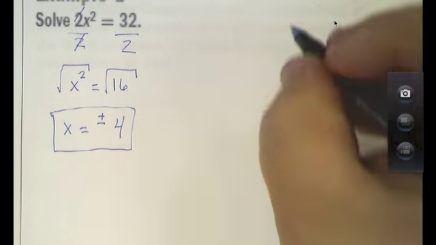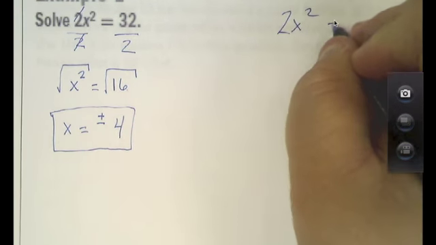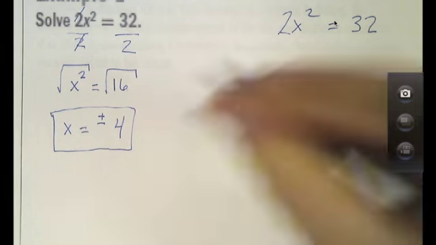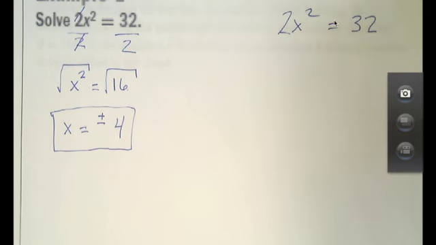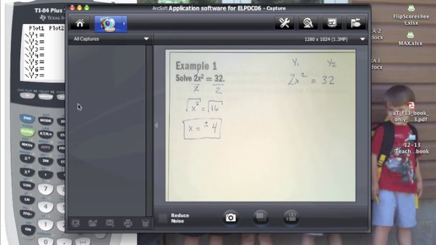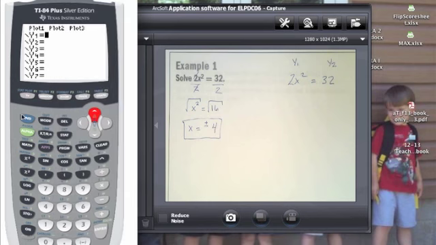Now, you could also do this on your calculator. I can put this in for my y1. I can put this in for my y2. Now, the only difference is when you type these into your calculator, 2x squared and 32, this is my biggest number, 32.